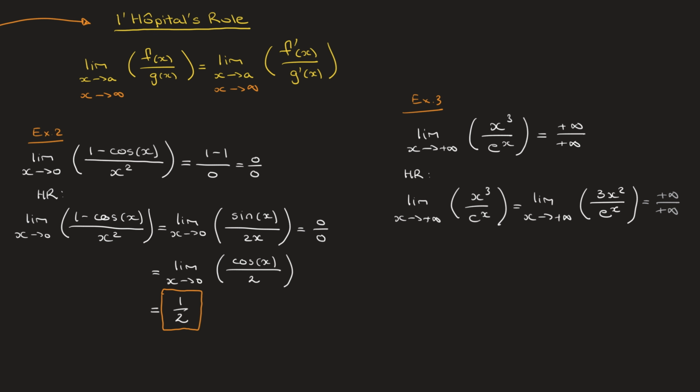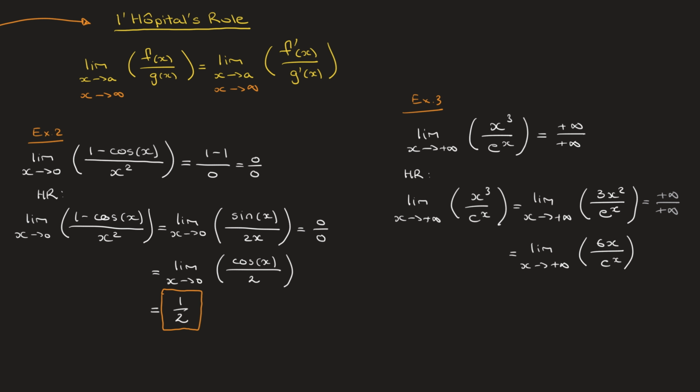Okay, so although we don't know what the limit is yet, we're still faced with an indeterminate form of the type infinity over infinity. So we can go ahead and attempt to use L'Hopital's rule again. And so starting from this result and differentiating both the numerator and the denominator, we can state that this is equal to the limit as x tends towards positive infinity of the derivative of 3x squared, which is 6x, over the derivative of e of x, which again is just e of x.